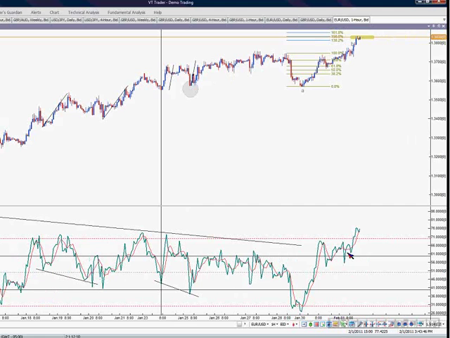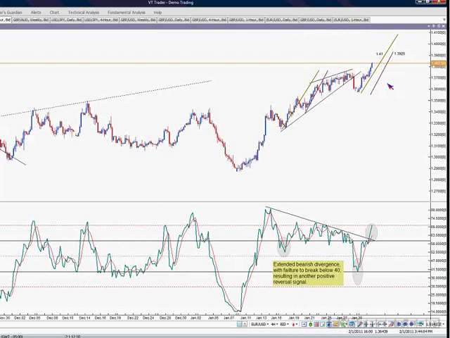Now the RSI again breaks above 70, so the euro dollar is looking very strong at the moment. And well, we don't have a positive reversal here, but we did see it in the 4-hour time frame, as we've shown before in the slides.